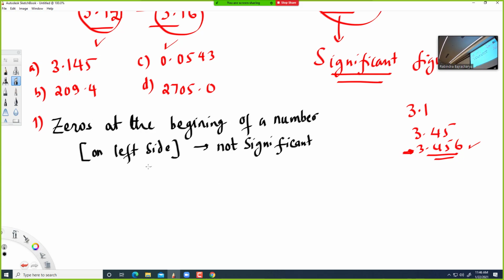So for example, you see here in this one, these zeros are not significant. That means only these three numbers are significant. So the number of significant figures in this one is 3. Okay, so there are 3 significant figures.